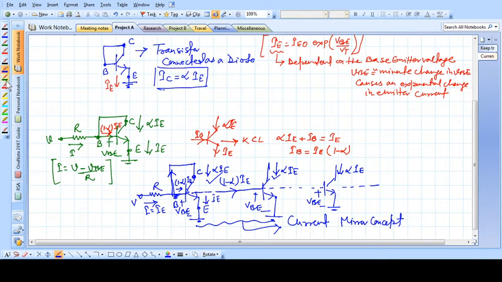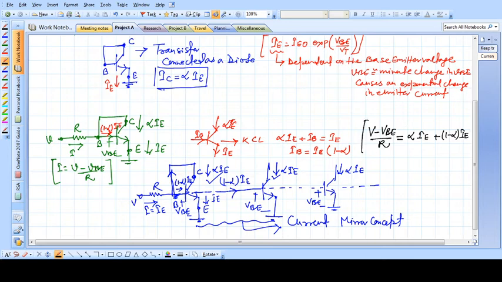Here, (V minus VBE) by R is what? Alpha IE plus (1 minus alpha) IE.